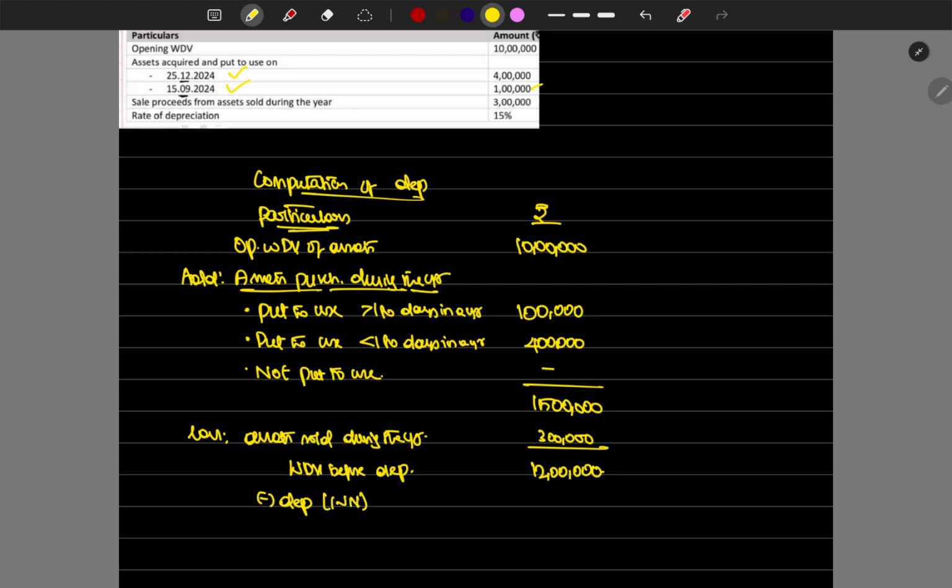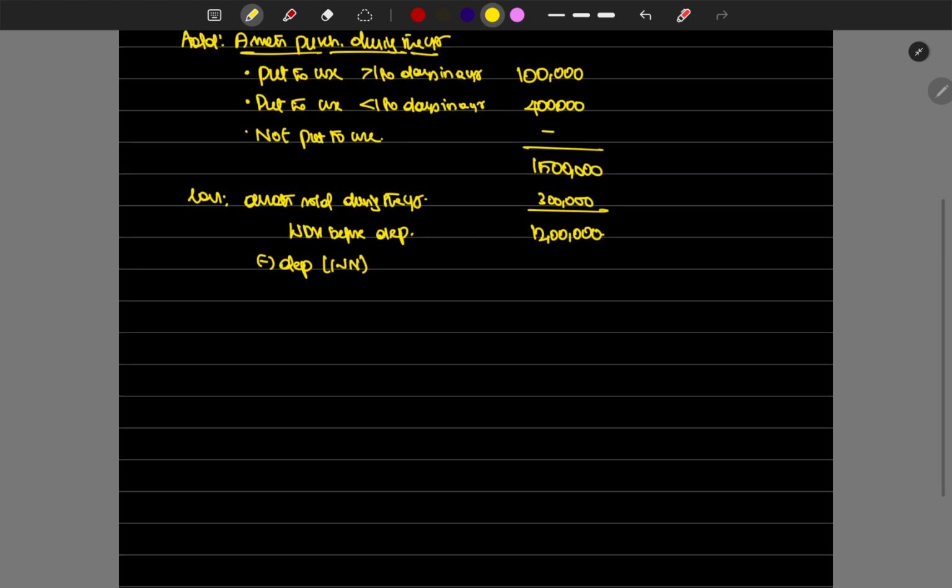We'll prepare a working note. Depreciation: WDV is 12 lakhs we have.